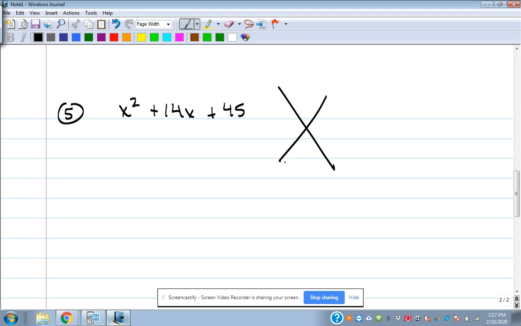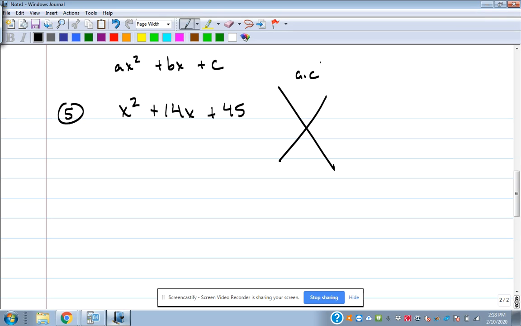The way I do the X method is I draw myself a big X over there beside there, and quadratics are written in that way, and A is always in front of x squared, B is always in front of x, and C is always the number on the end. That's how quadratic expressions are always written. The number up top, on the top of the x, is A times C, always.